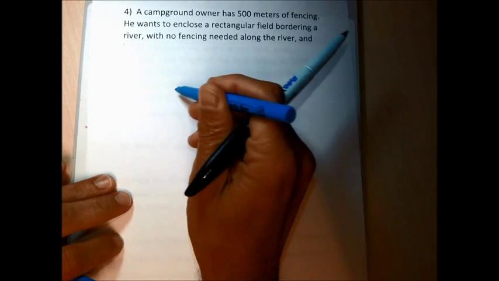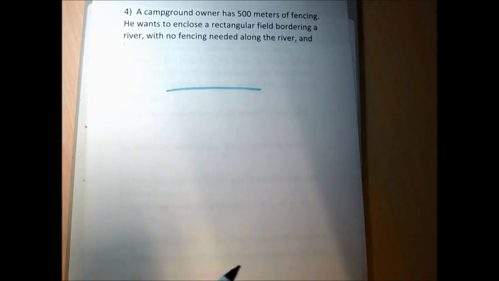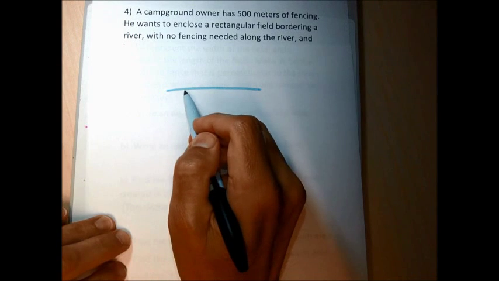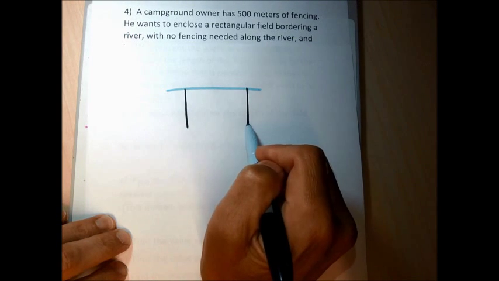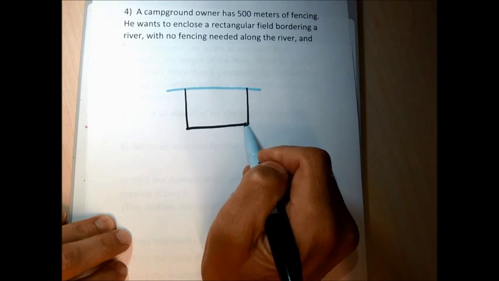So you need the river. So I can simulate my river. Here's my river with blue. And the campground owner is going to build 2 fence sides that are going to be perpendicular to the river and one that goes parallel to the river.